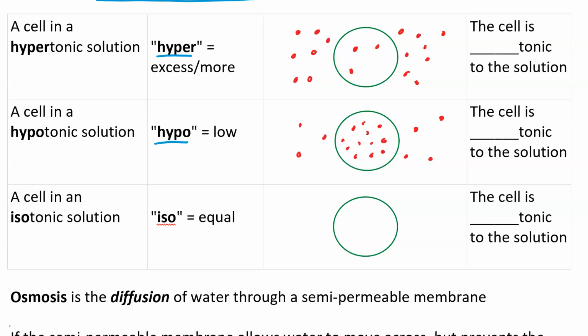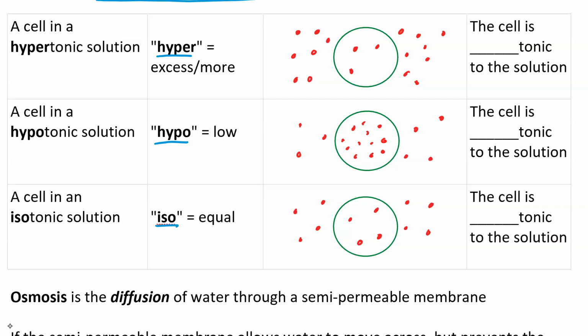If we're talking about an isotonic solution, well, the word iso means equal. So the concentration, or how spaced out this solute is outside the cell, is going to be the same as inside the cell.